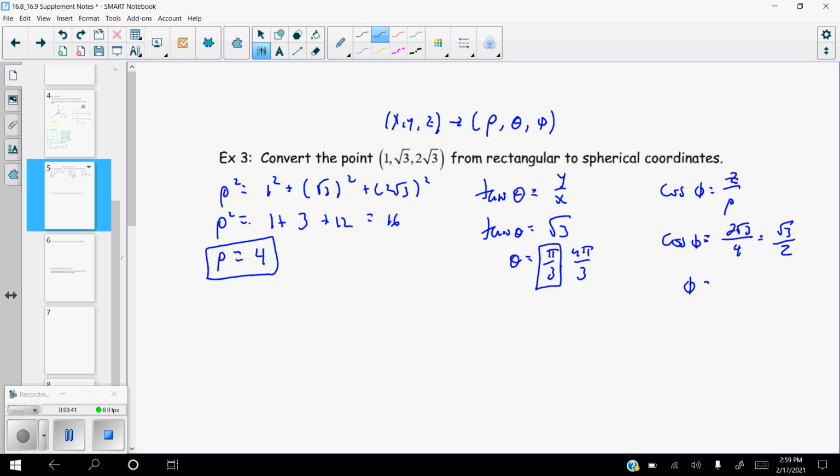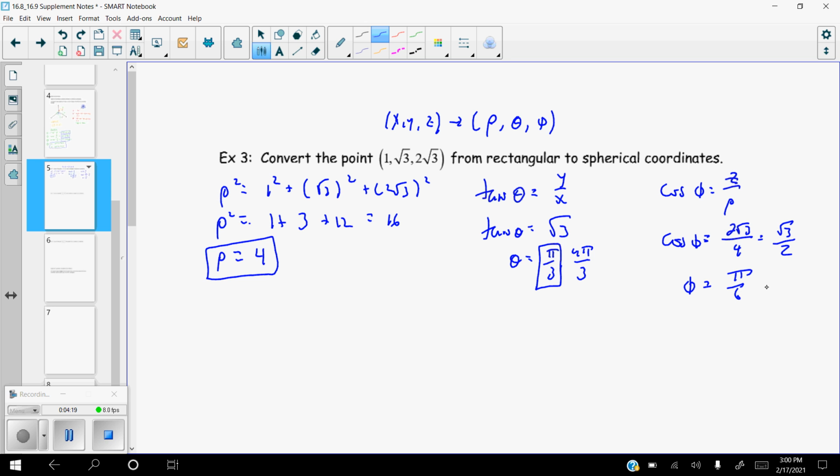So where is cosine going to give us root 3 over 2? Specifically, it doesn't have to be for phi, but we're going to go with the first octant value. Root 3 over 2 for cosine is going to be at pi sixth. Nope, 5 pi 6 would be negative. So it would be at pi 6. It would also be at 11 pi 6.